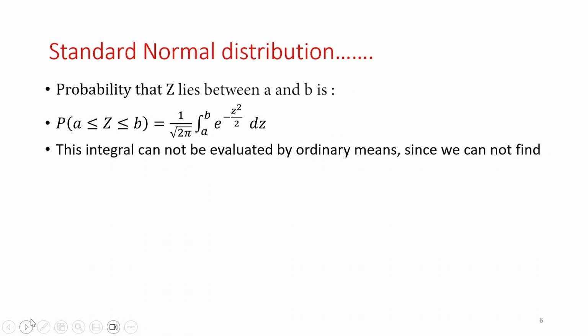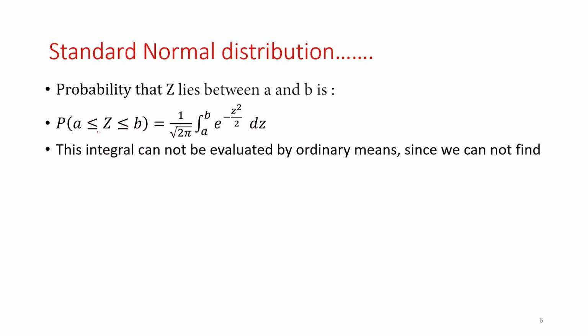Now, when it is a standard normal distribution with mean μ equal to 0 and standard deviation σ equal to 1, the shape of the distribution does not change. It still remains symmetrical. The mean becomes 0 and standard deviation becomes 1.